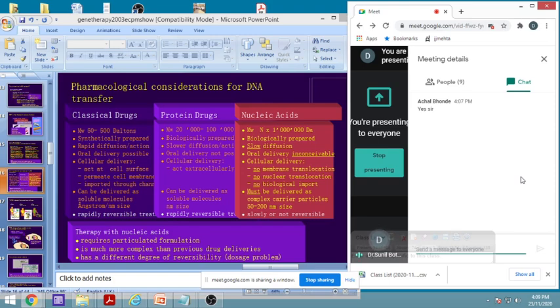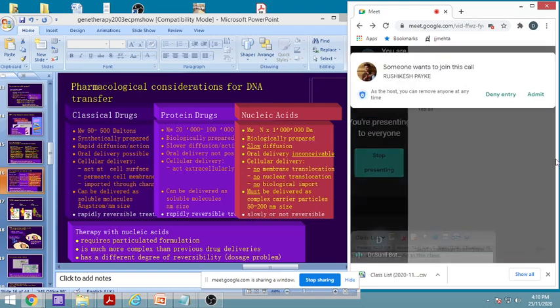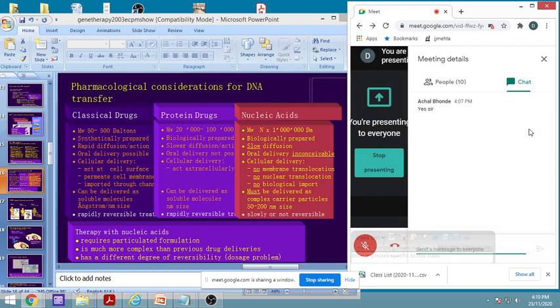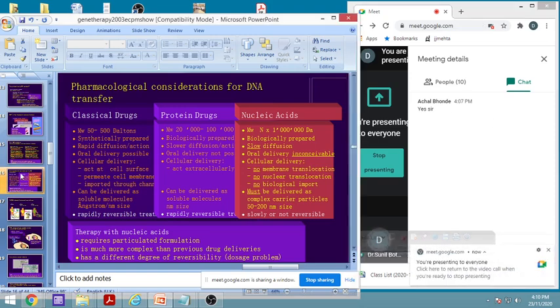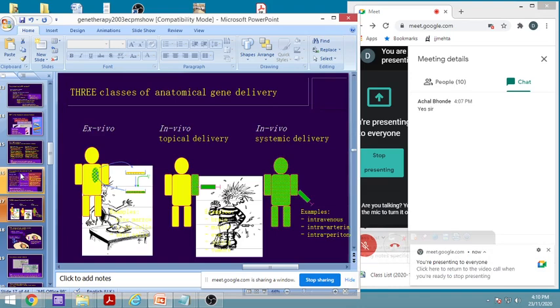These are different situations where their pharmacokinetic behaviors will be different, and all this we have studied in a different way. Then, what we have discussed earlier: there are three classes of gene delivery.